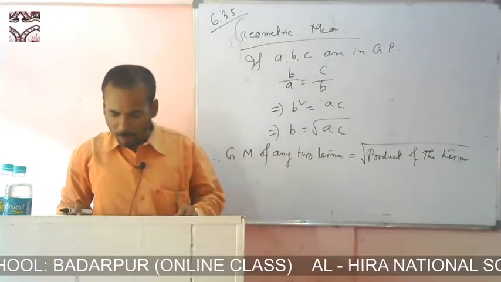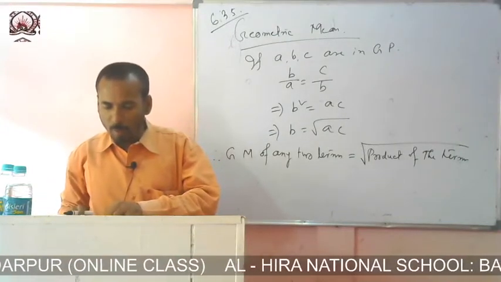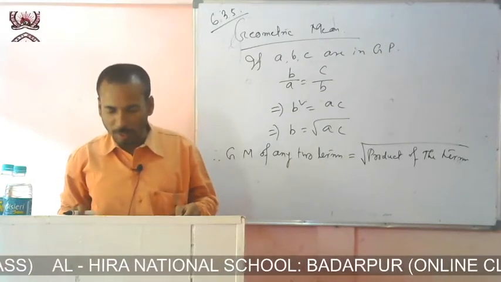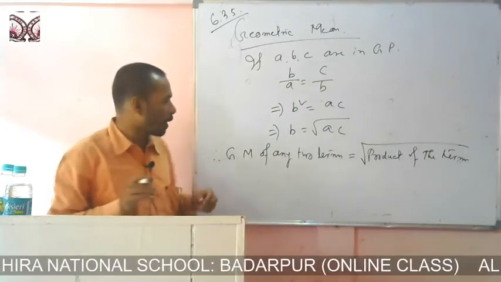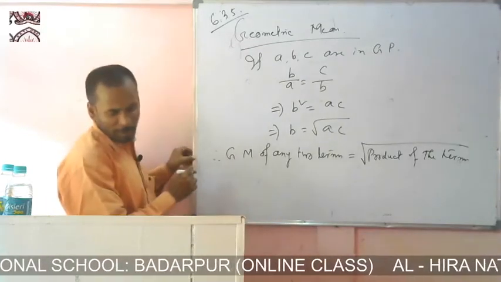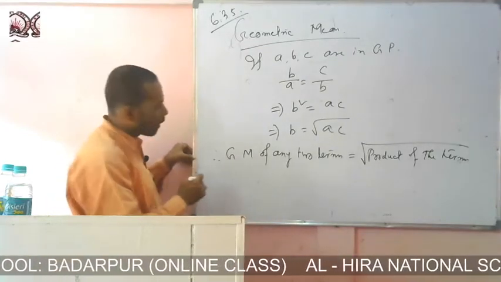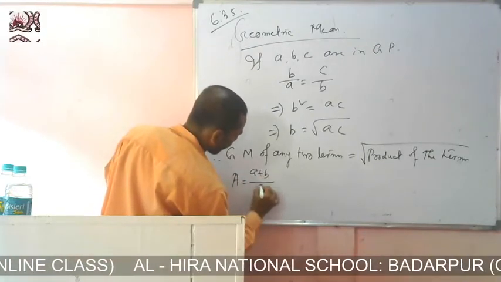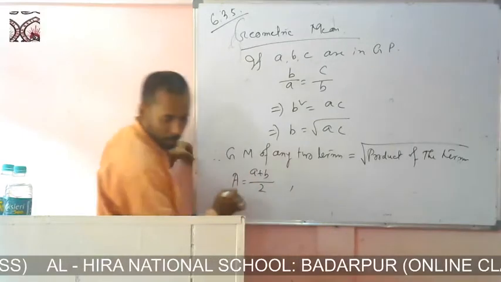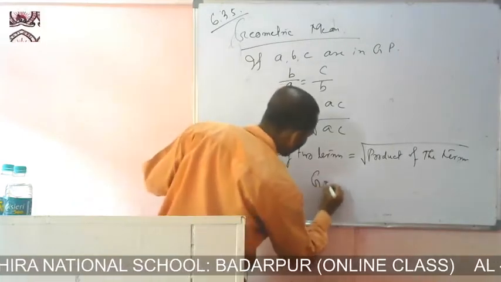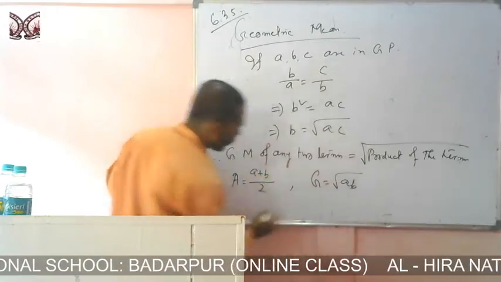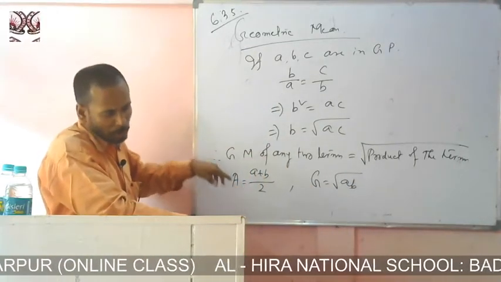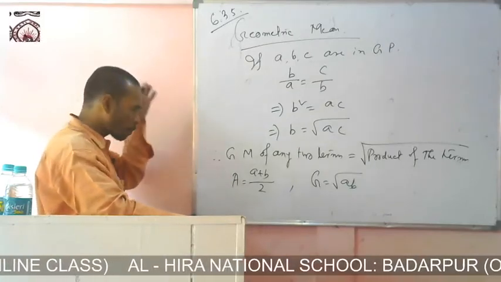So like this, see in your book page number 206: AM is greater than GM. Arithmetic mean is A plus B by 2, and geometric mean G is the square root of AB. So A square minus G square will be what?